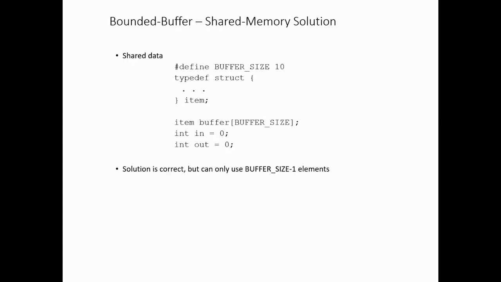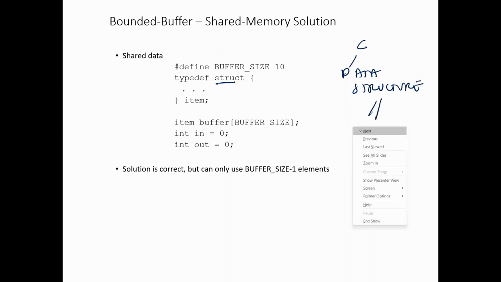Clear? Okay, let me give you an example of how a bounded buffer shared memory solution will look. We have created a structure. You know that in C, a structure is a data type, or we can also call it a data structure, which can store variables of different data types.